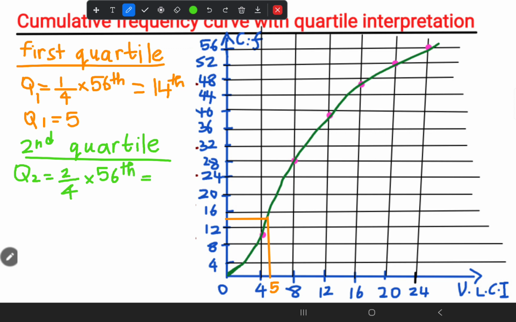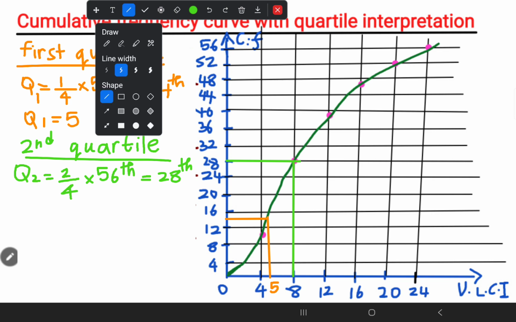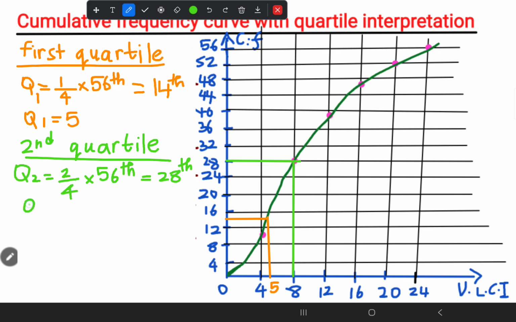So after simplification it will give you 28. So across 28, draw a straight line. This is already a known value. It lies exactly on the x-axis at value 8. So Q2 is directly 8. You can directly see, okay, 28 and 8.